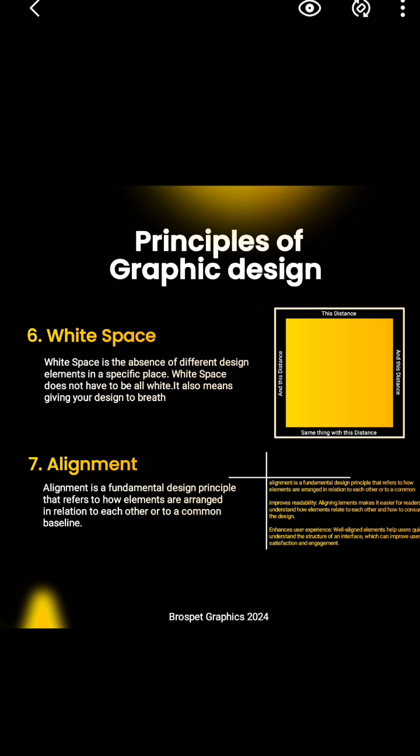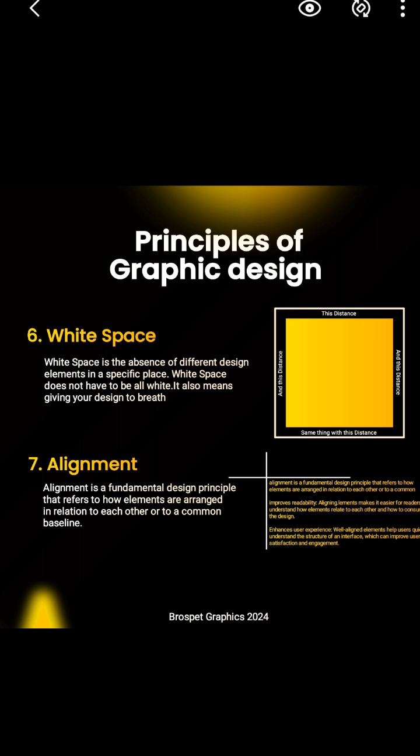So the final one is alignment. Alignment is a fundamental design principle that refers to how elements are arranged in relation to each other or to a common baseline. What I mean here is that how you arrange your design matters.